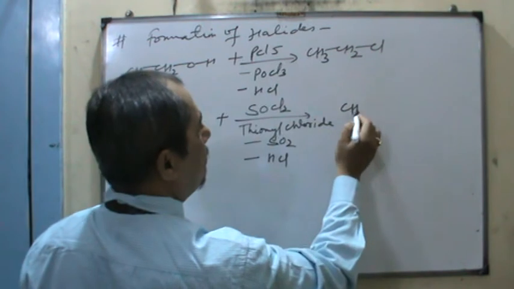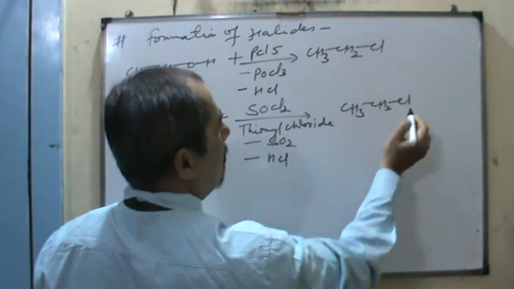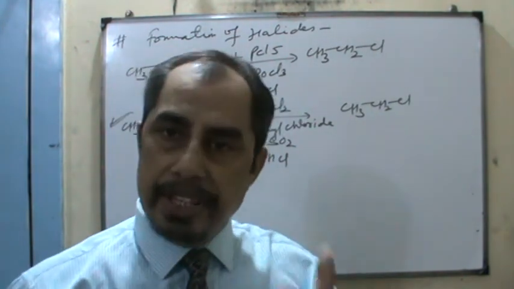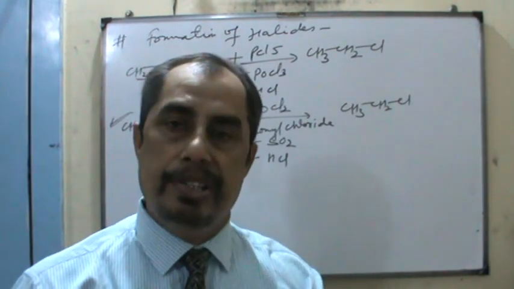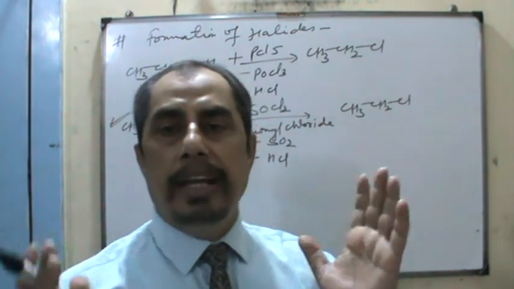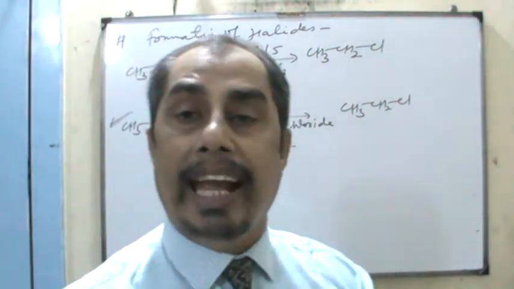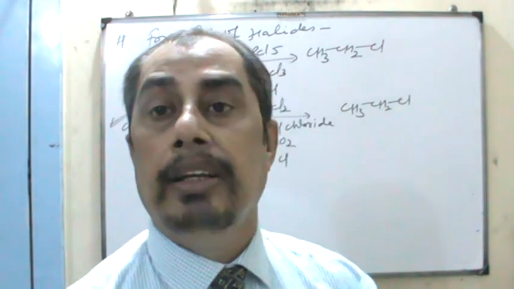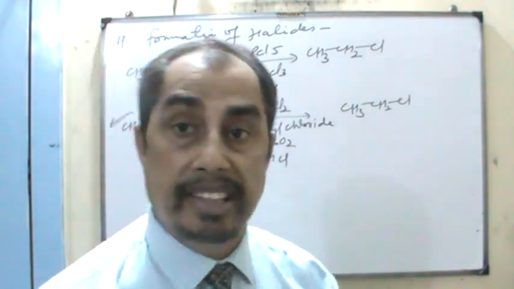It is a better method than PCl5 because impurities are removed in the gaseous state. So if you have to choose the option, either you want to take PCl5 or thionyl chloride, so better from my side is that you have to prefer thionyl chloride. It's clear.